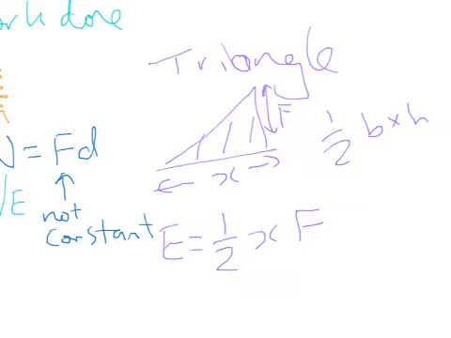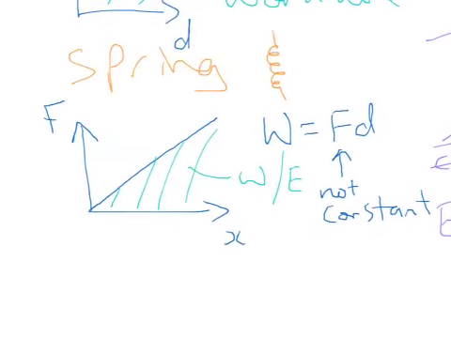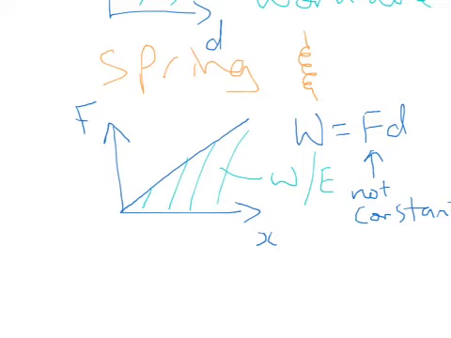There is a further step that we can take, because if we just go back to our original graph here, this gives us a formula, F equals some constant times x.